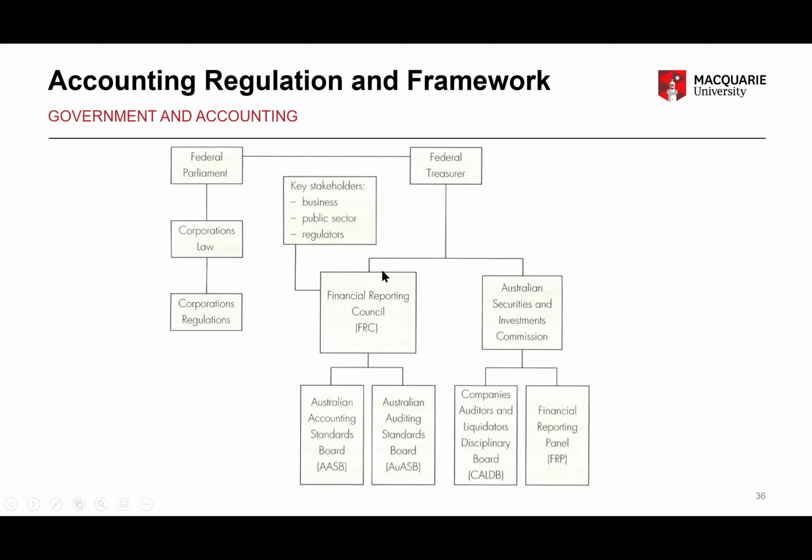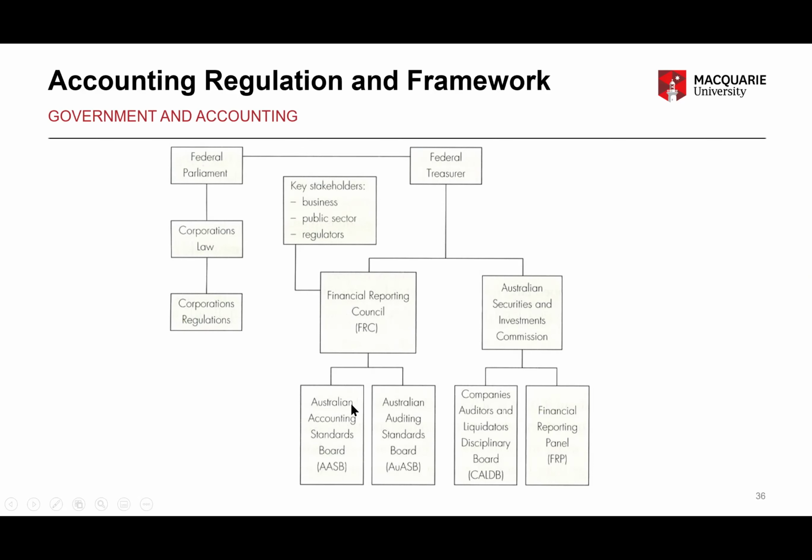So you can see that there are two bodies here that report back to the Federal Treasurer. We have the Financial Reporting Council, or the FRC, and it is a government body that is in charge of the standard setting boards.